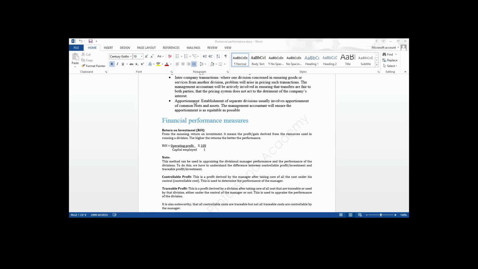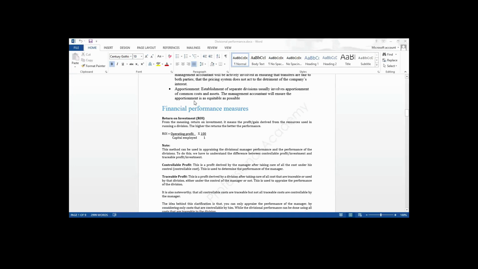We can use return on investment to measure divisional performance, calculated as operating profit divided by the capital employed, multiplied by 100. We can use return on investment to assess divisional performance.